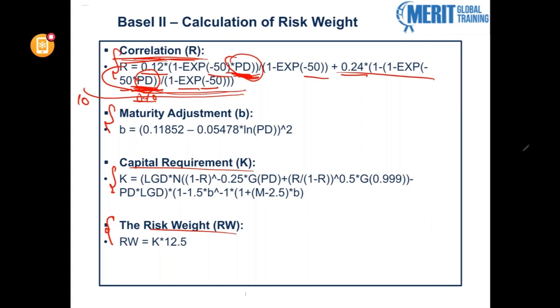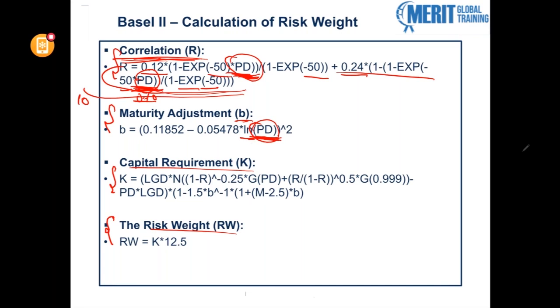Okay, so that's for correlation. If you look at this maturity, you will see the same pattern. We have PD. Okay, maturity adjustment has to do with how we adjust the maturity of the exposure. It's a formula that has been given to us as well, and you can see it's a log: b equals (0.11852 minus 0.05478 multiplied by log PD) raised to power 2.